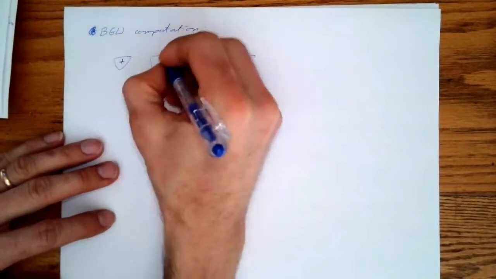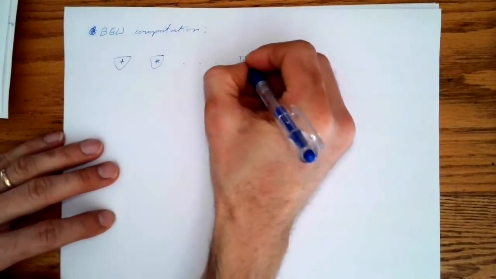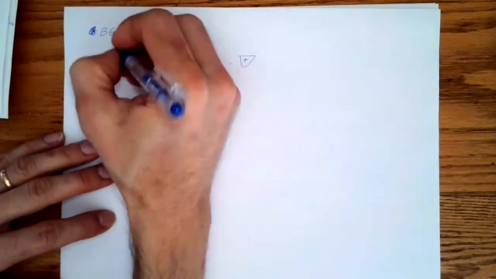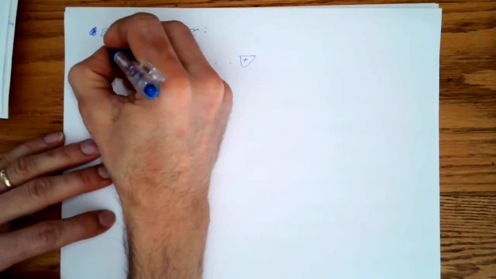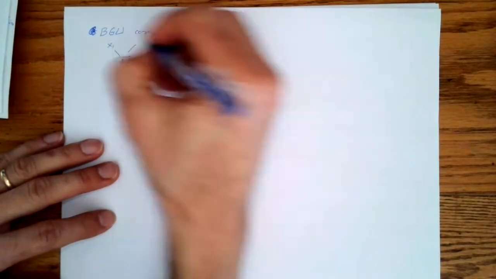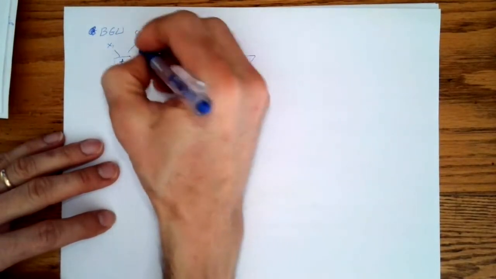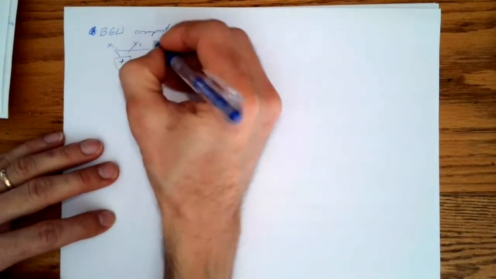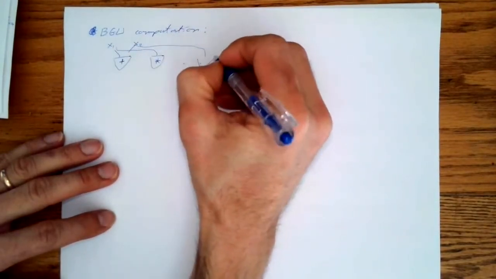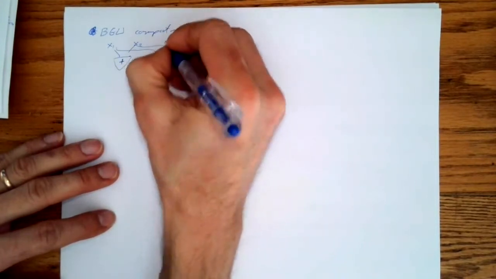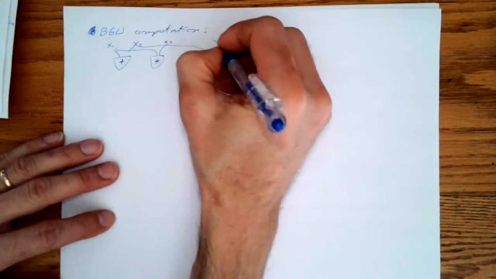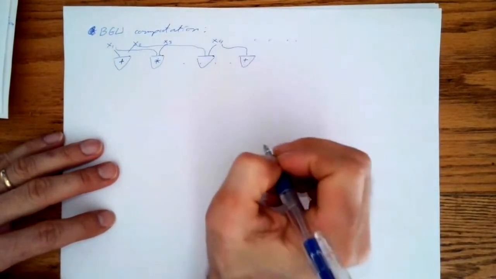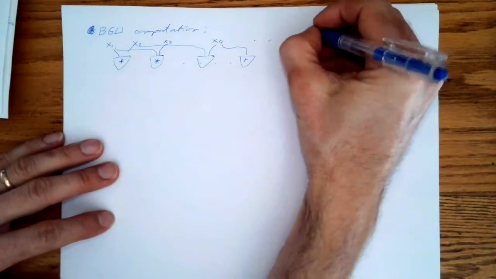So the gates are either plus or mult in field F. Okay, and the inputs, right, perhaps they go to different gates. Etc.